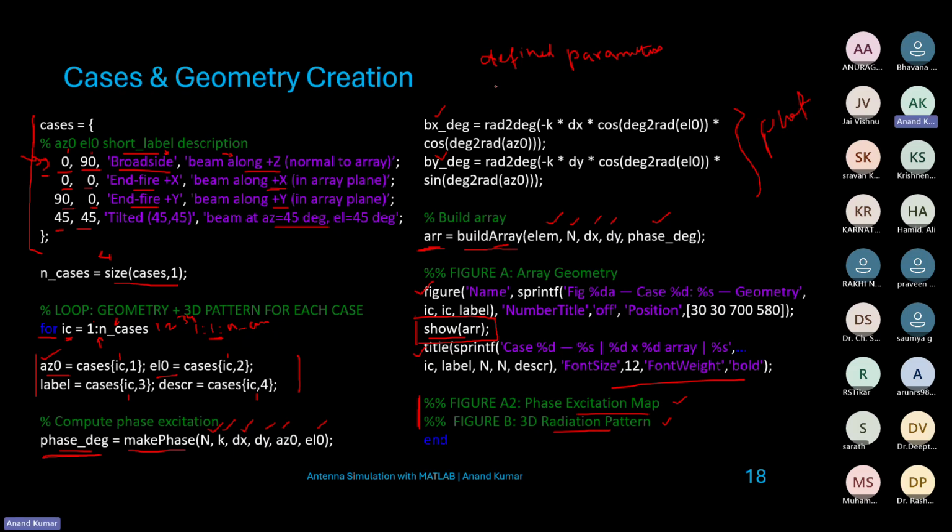After defining parameters, we defined the element, which is the dipole. After defining the element, we created a function. We created a function build array.